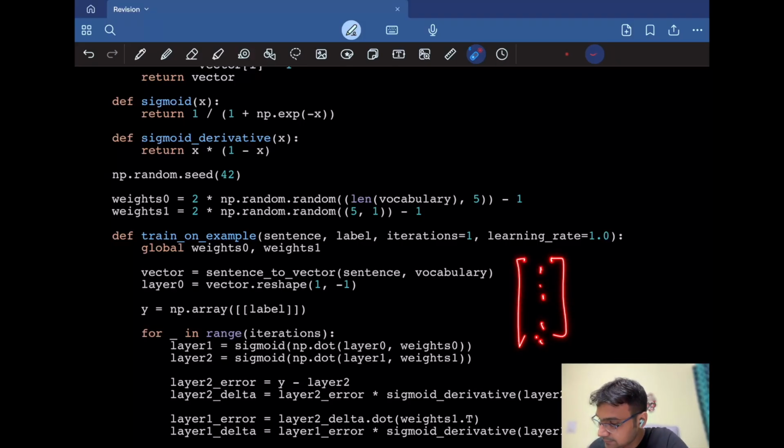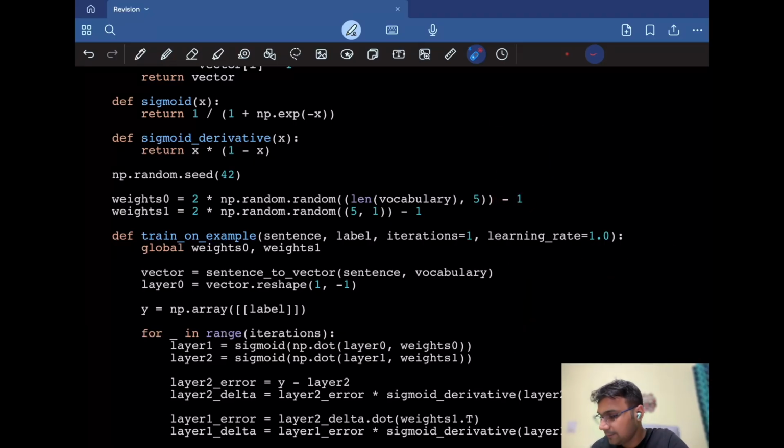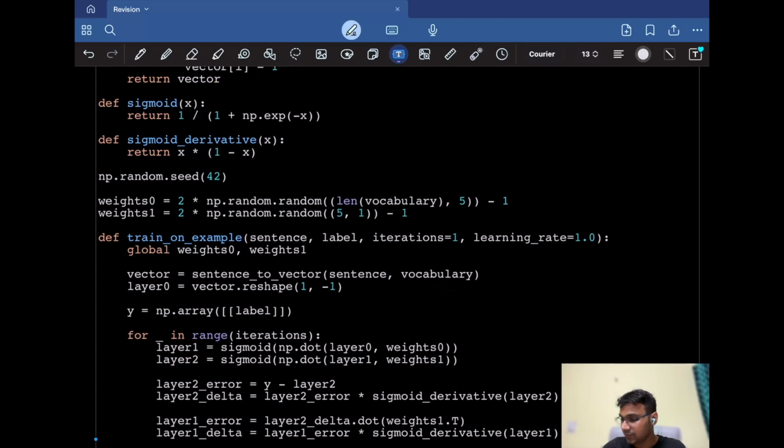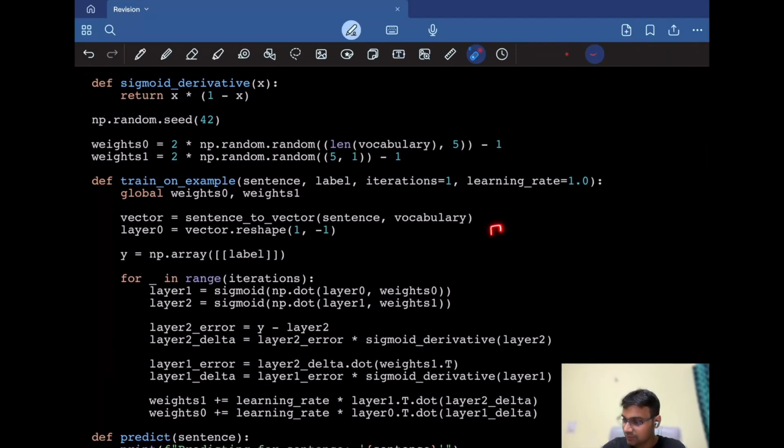This will be a vector like this, and then the weights will be a vector like this, because each neuron has n weights, as it is connected to all the neurons in the previous layer. These values get multiplied and give us the layer one value, which will again be a vector of 16, or 5 if we consider the spam example, and eventually layer 2 will be a vector of 1 value.